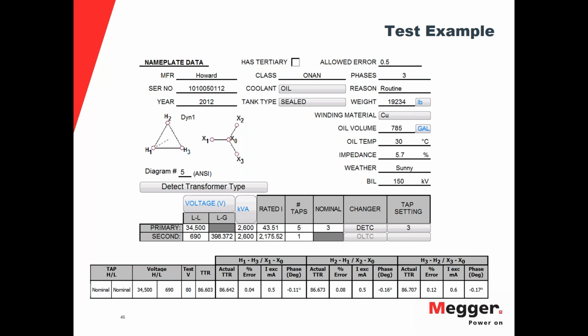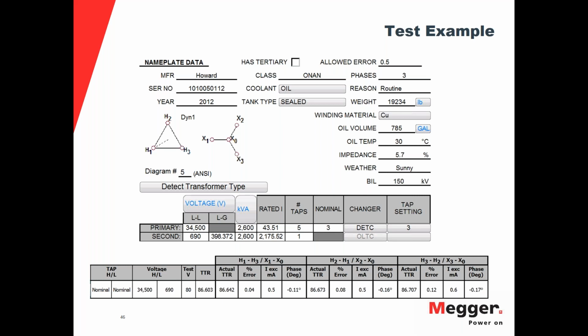When we do the measurement, we go on to the actual TTR. So now we have the actual TTR. It measured the voltage and compared it to the calculated TTR. And then we have our percentage of error, which is the deviation from which the actual and the calculated are compared against each other.